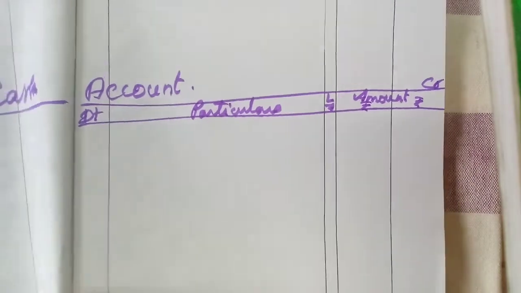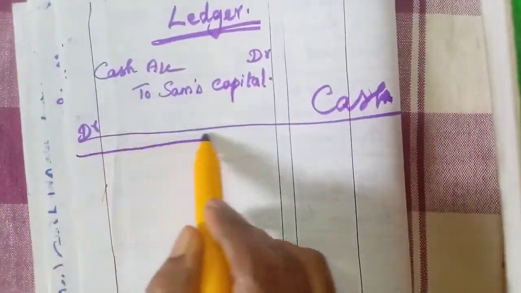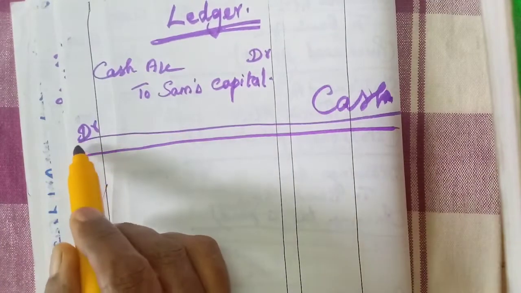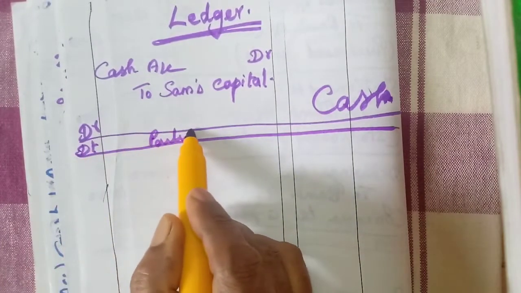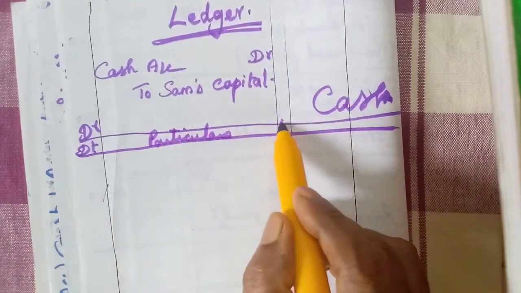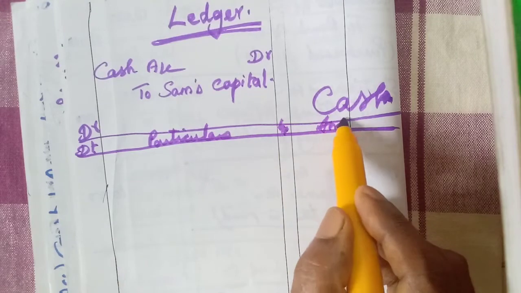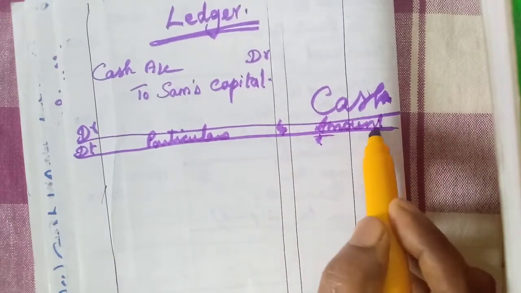In the same way you have to write the left side also. Debit, here date, particulars, LF, and amount, both the columns together amount. Then rupees we have to write.